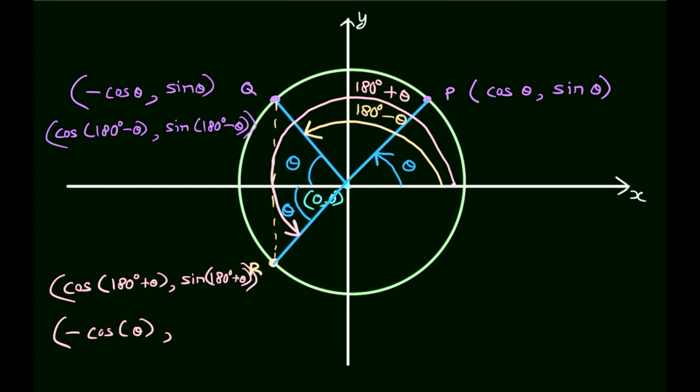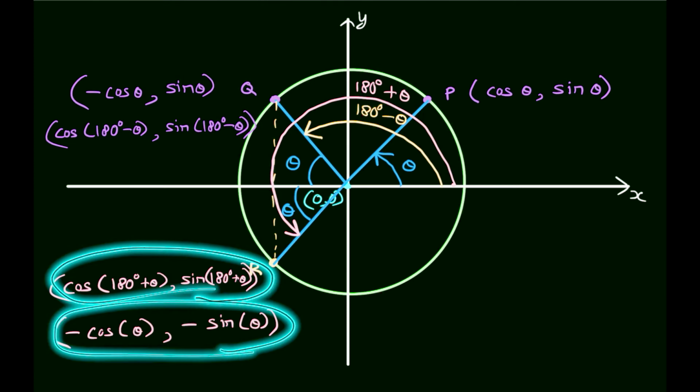However, R's y coordinate will be written as negative because it is in the negative y-axis. So the y coordinate of R will be negative sine theta. So this is another way of writing the x and y coordinates of point R. These two will give you the same answers, right?